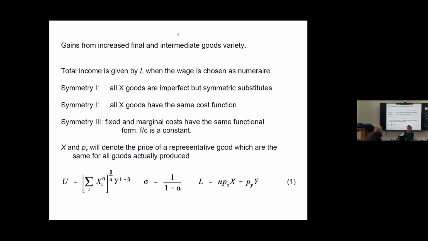Now, this model is characterized by increasing returns, for example, if the economy expanded, there's increasing variety, and this can be extended, of course, to intermediate goods as well. I have a paper on that. Total income is given by L when the wage is chosen as numeraire.